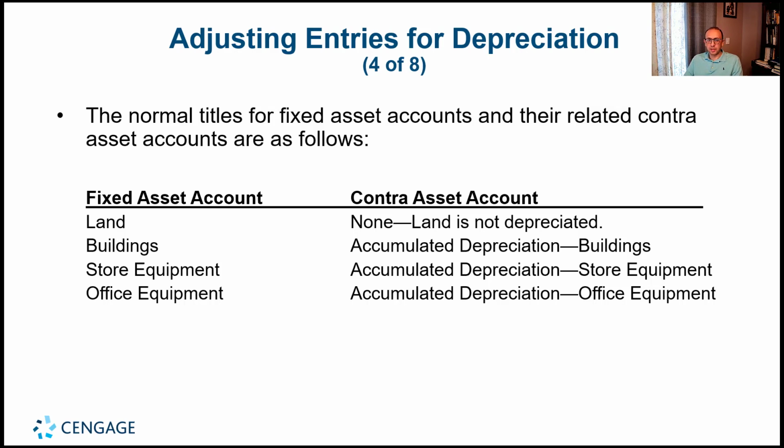Store equipment, same thing: accumulated depreciation for store equipment. Office equipment, same thing. The main idea here is that we're going to have a separate contra asset account, or accumulated depreciation account, for each one of those fixed asset accounts that we have. And how we're going to present it on the balance sheet, we're just going to write the building with its value and then subtract from it the accumulated depreciation for that related account.